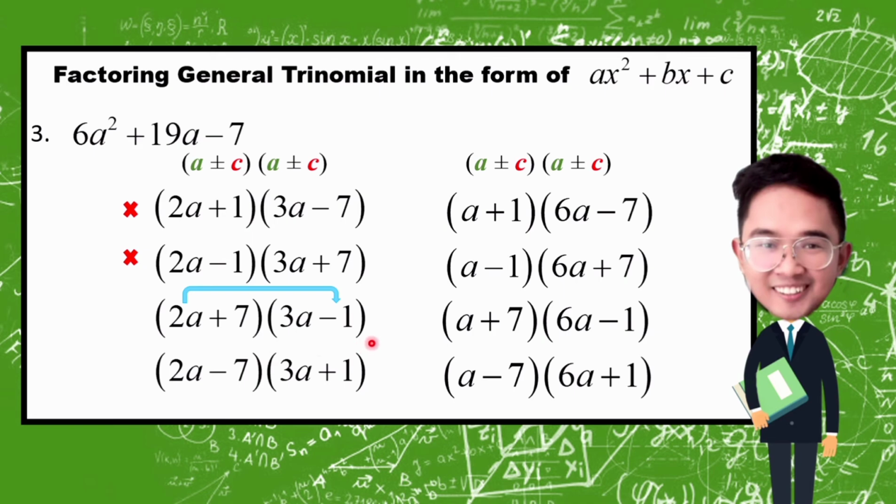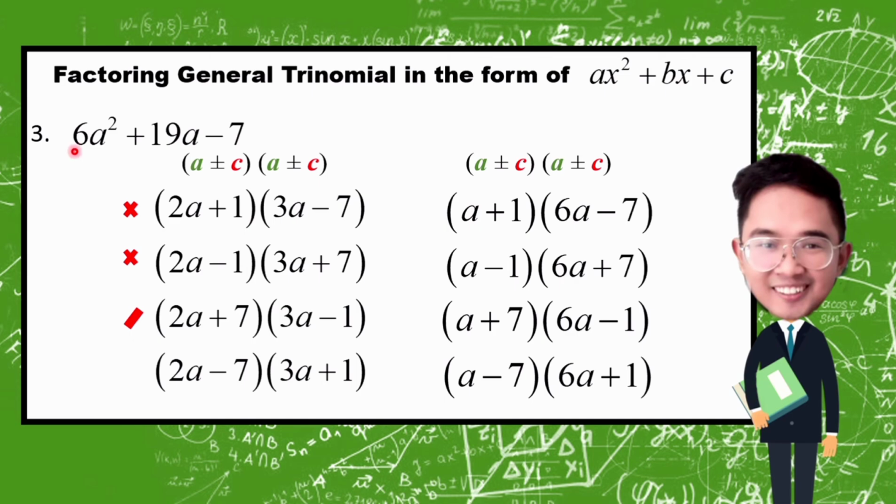2a multiplied by negative 1 is negative 2a. And positive 7 multiplied by 3a is 21a. Negative 2a plus 21a is equal to positive 19a. Therefore, this is the correct factor of our given.